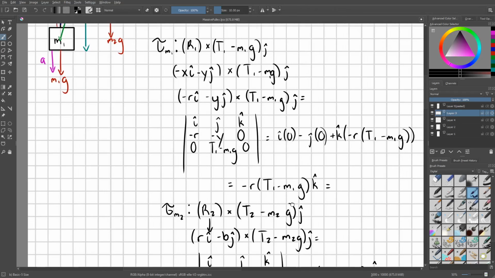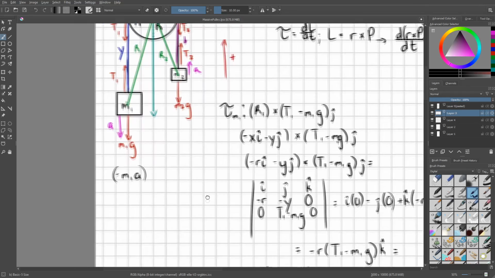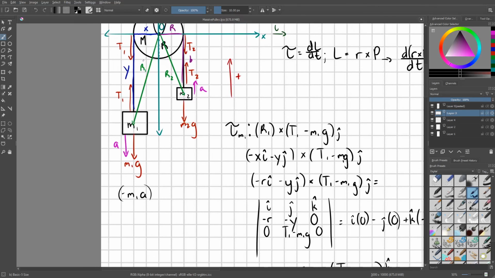which would be, we know that sigma F equals ma, right? So I could write my torque as m1 times a, and this is really negative because it's downward. And again, I could cross this with R1, which we talked about how only the perpendicular component is going to matter.